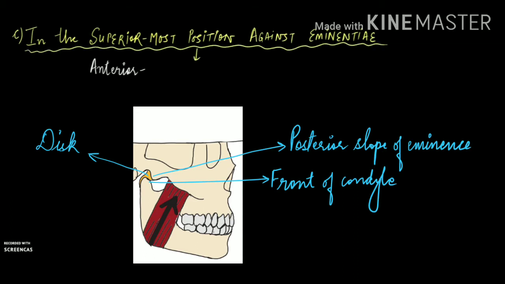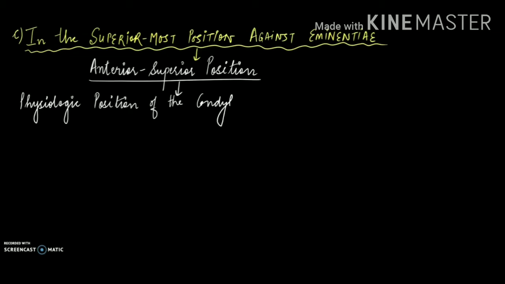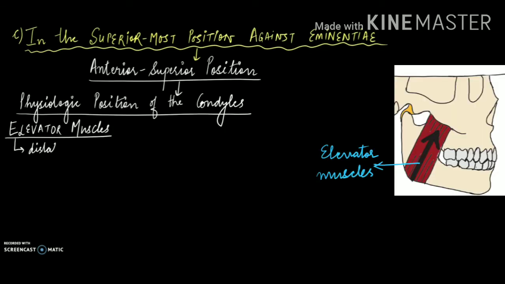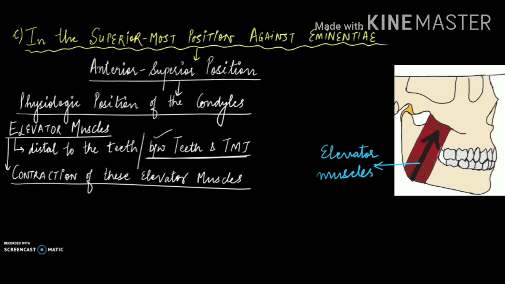And the reason for advocating the anterior superior position of the condyle disc assembly is that it is the physiologic position of the condyles when the mandible is elevated firmly by the normal muscle function. Now the elevator muscles are present distal to the teeth, in between the teeth and the TMJ, or temporomandibular joint, and the contraction of these elevator muscles keeps the condyle disc assembly loaded throughout the functional movements.